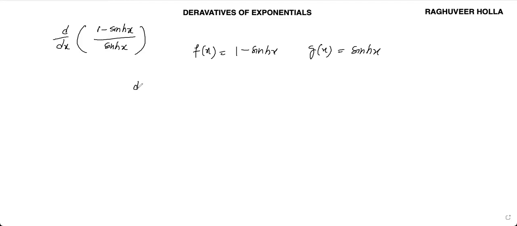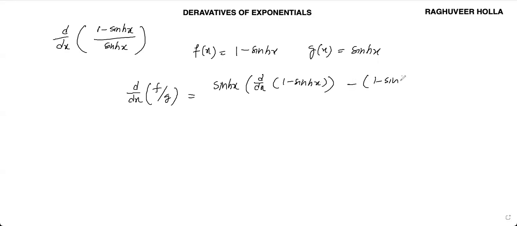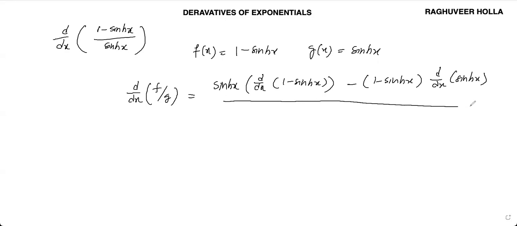So d by dx of f by g is equal to g, which is sinh x, times d by dx of 1 minus sinh x, minus 1 minus sinh x multiplied by d by dx of sinh x, divided by sinh squared x.